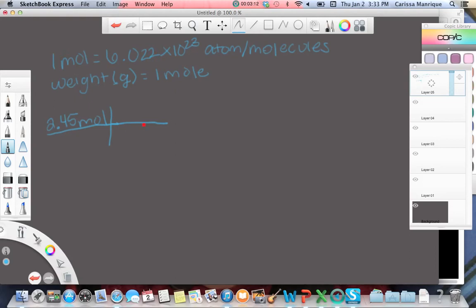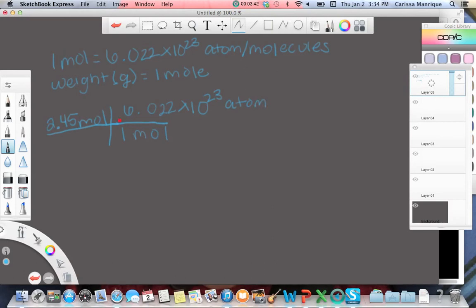Okay, what number am I going to put down here? I have a mole here, I want to cancel it out. So I'm going to look at the conversion and I'm going to put 1 there. 1 mole is 6.022 times 10 to the 23rd atoms.